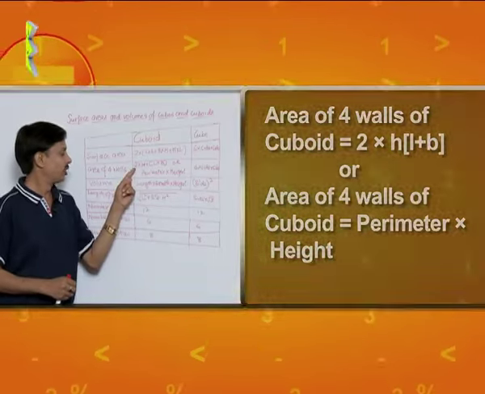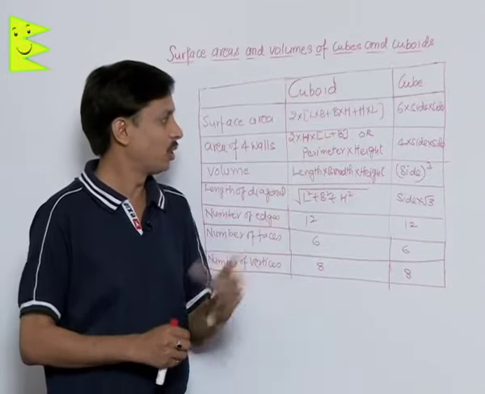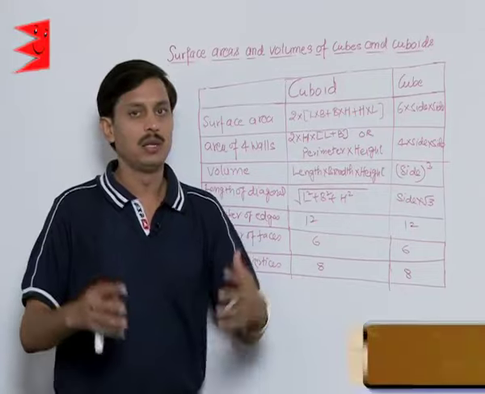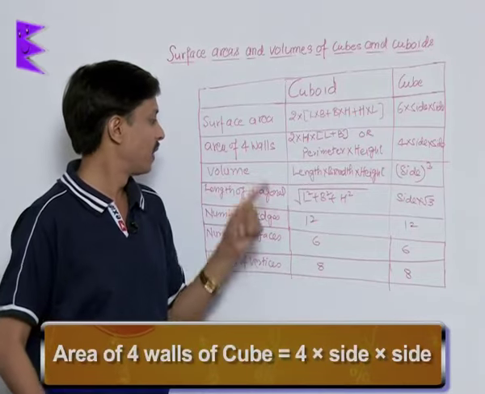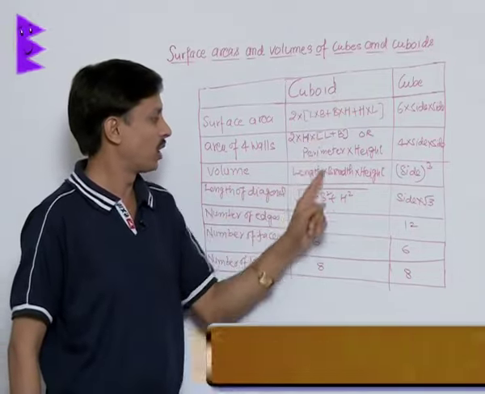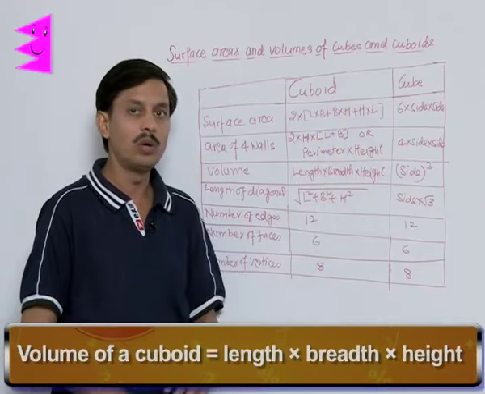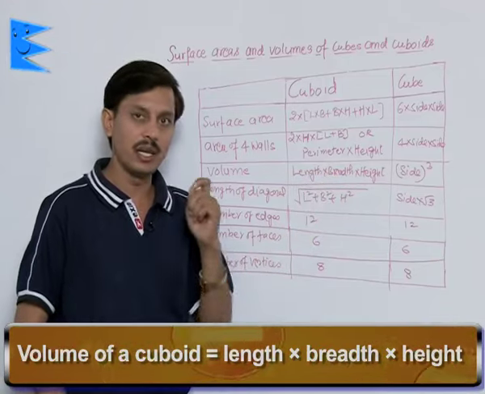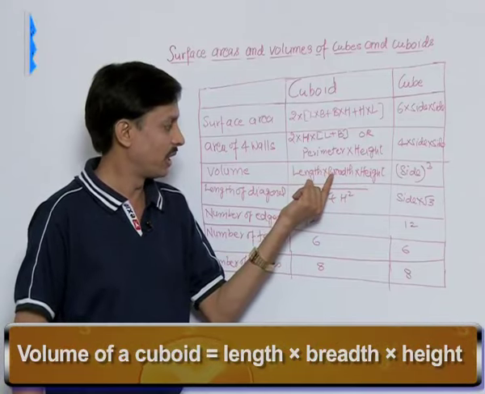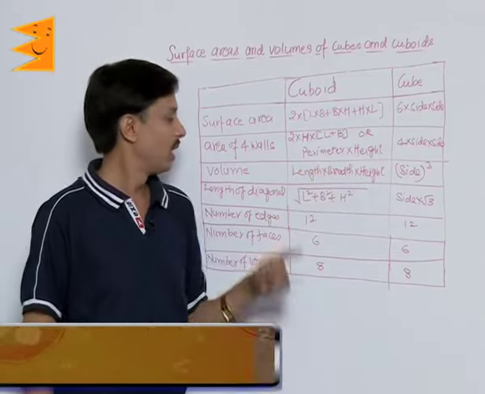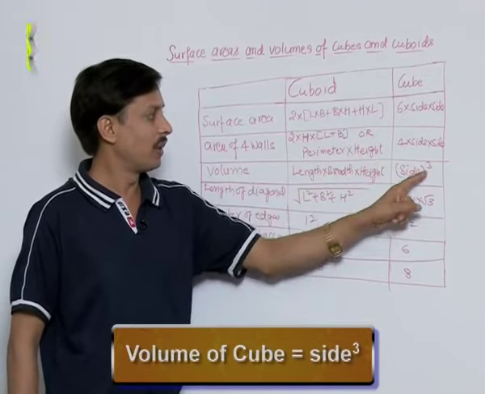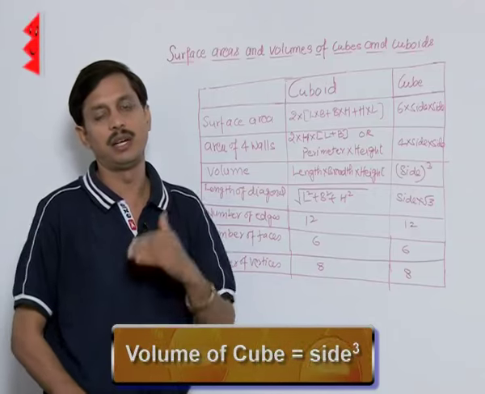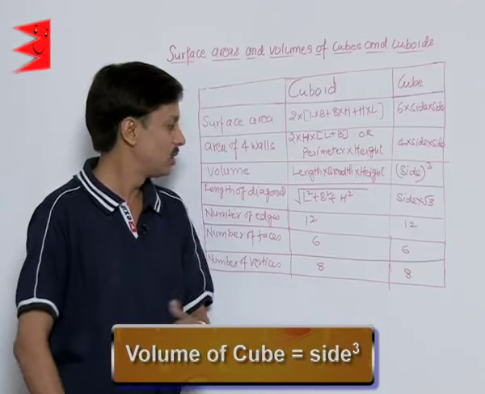In case of a cube, the formula is 4 into side squared. Volume for a cuboid is length into breadth into height, or length into breadth is the area, so it can also be written as area into height. Volume of a cube is side cubed, that is side into side into side, because length, breadth and height of a cube are the same.